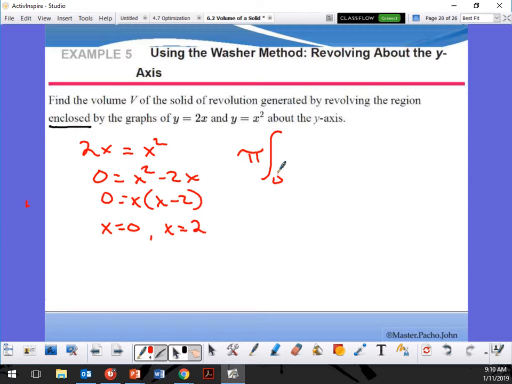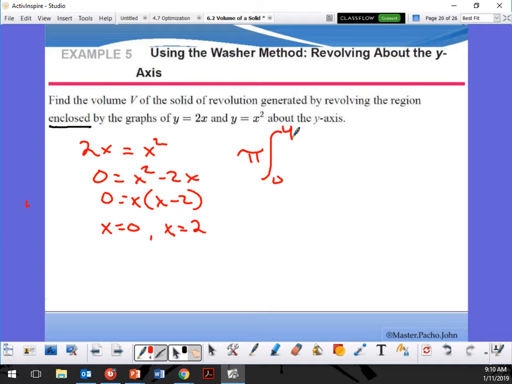So if it's around the y-axis, it's 0 and 4, because that's where they are equal. If I plug 0 into either one of these, I get 0. Plug 2 into either one, I get 4. That's what I need, so I'm bounded by the y-axis there.